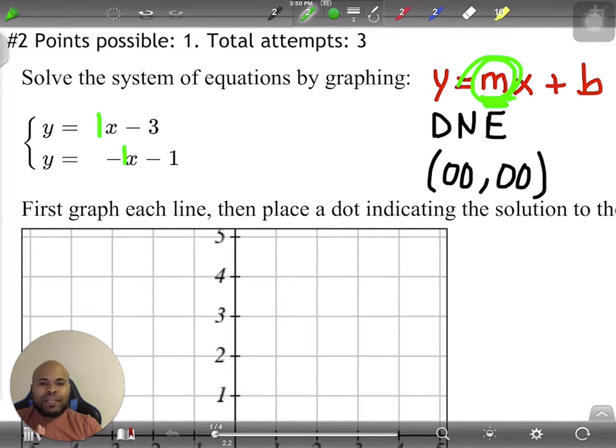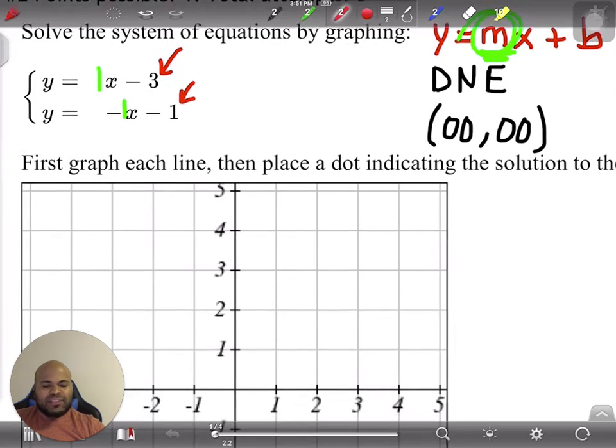But let me explain real quick what happens if they do have the same slope so you don't have to graph it. Let's assume for a minute that the first equation and the second equation both have +1 slopes. They're both positive, so they have the same slope. The last thing that I need to do is just look at the y-intercepts. Remember, B is your y-intercept. So because they're different, one is -3 and the other one is -1, if I try to draw these graphs, right, so this is not accurate at all.